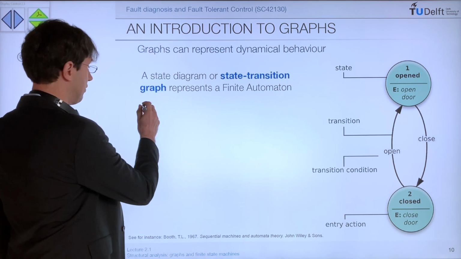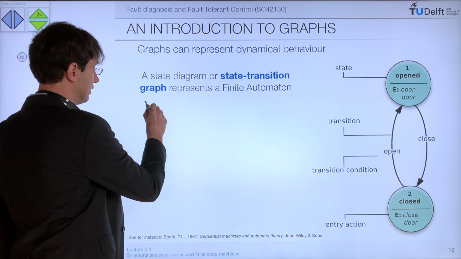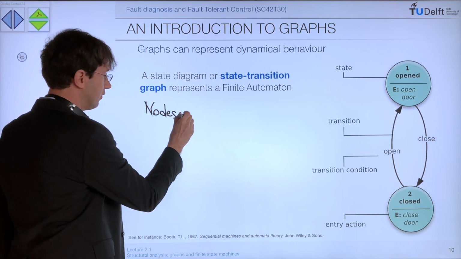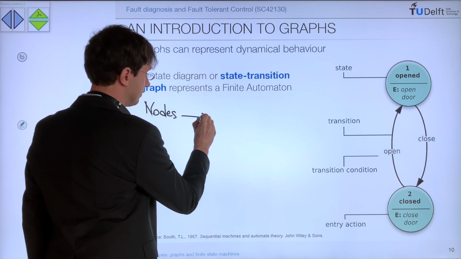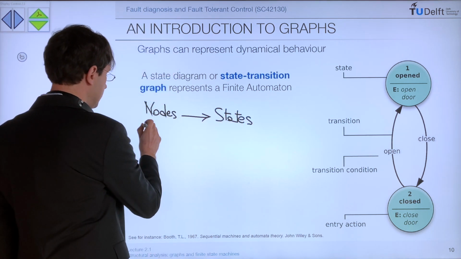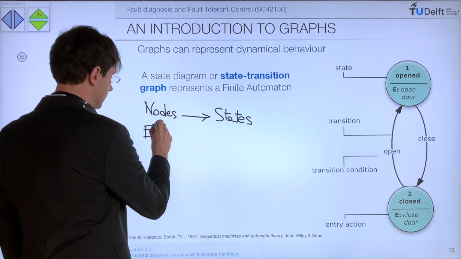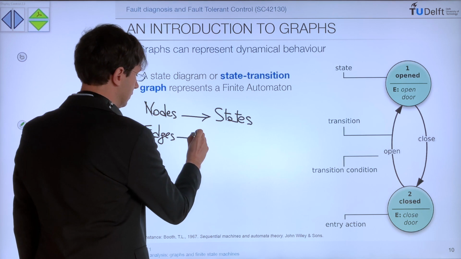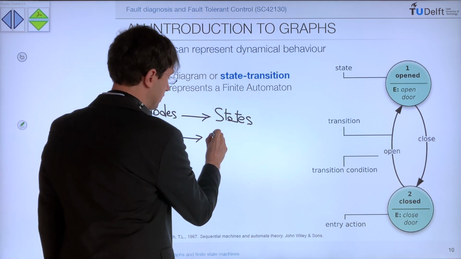So we have that our node set represents now the states, and the edges represent transitions.